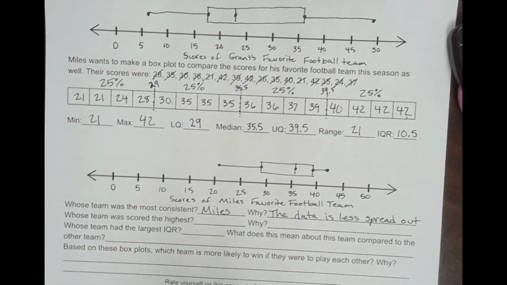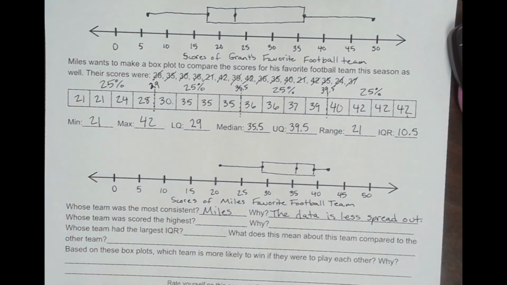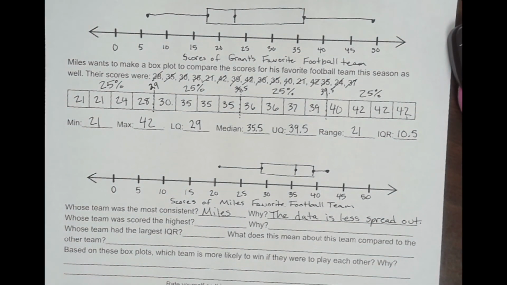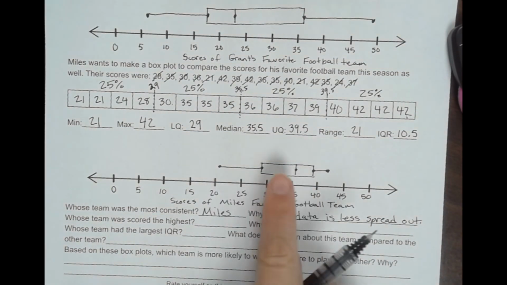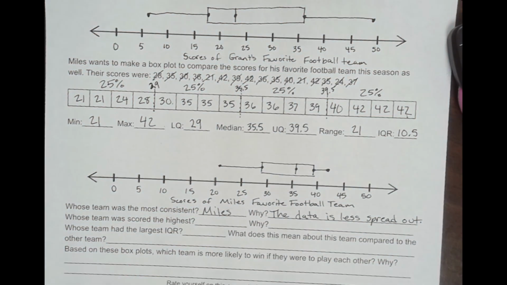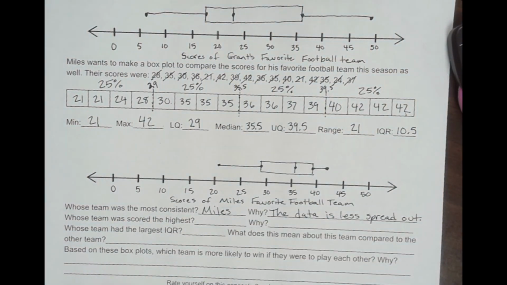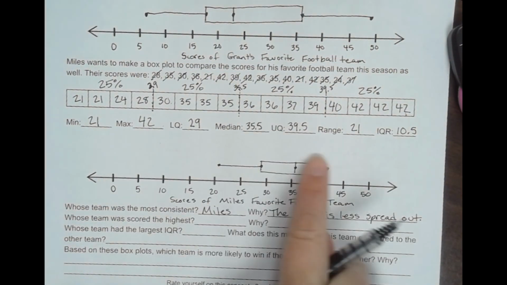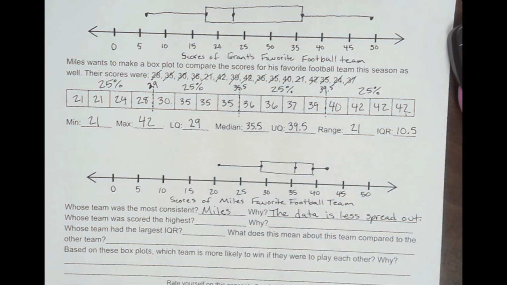So if I were voting for a team to win, I would probably guess Miles, if these two were in a game against each other, because they're more consistently up here in the upper range than his team was. His team was all over the board.